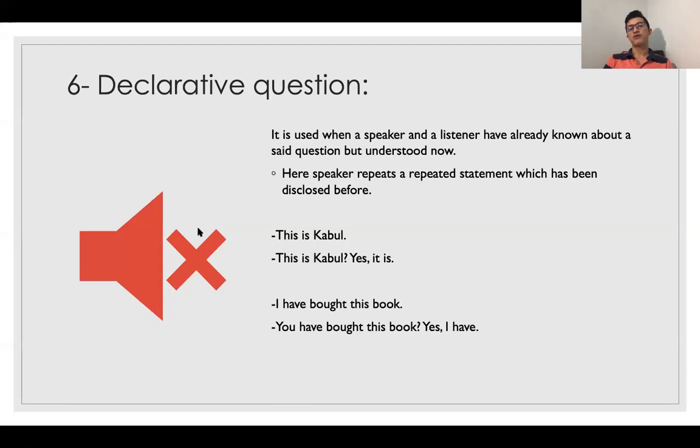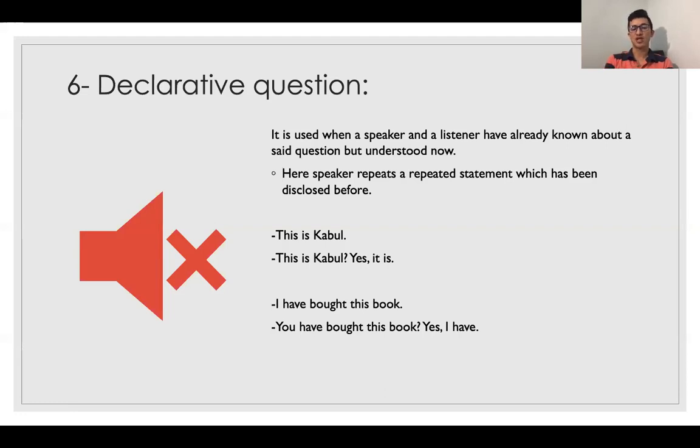For example, we go to Kabul and then a friend says, this is Kabul. I say, this is Kabul? The other person can say to me, yes, it is. Okay, so here you repeat exactly the sentence another person said to you, and then you just change your accent to interrogative.